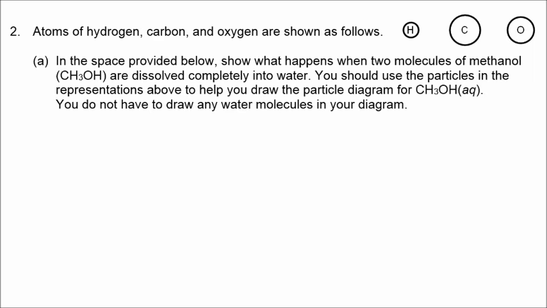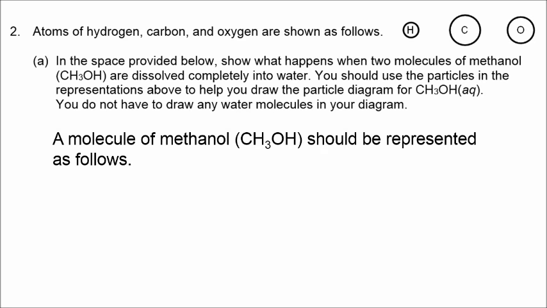Free response question number 2 is going to ask you to draw 2 molecules of methanol in water to show what they would look like. So a molecule of methanol would look something like this. I just drew a carbon bonded to 3 hydrogens and then bonded to oxygen followed by another hydrogen there at the end.